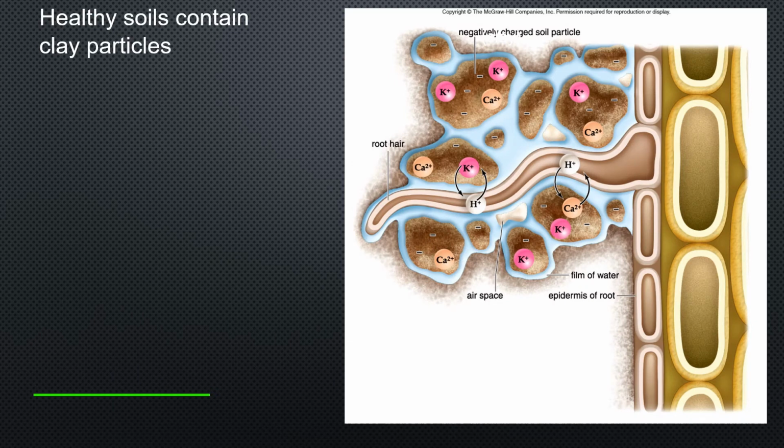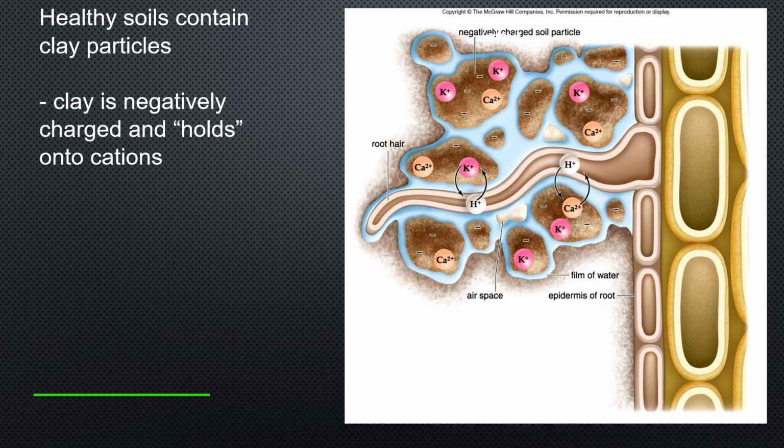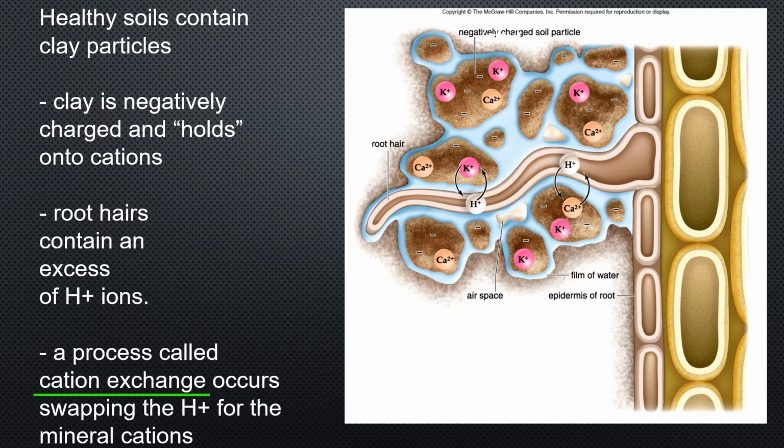So healthy soil also contains clay particles. So remember we talked about the different types of soil? Healthy soils do contain a bit of clay. So clay is actually negatively charged and holds on to cations. So the root hairs contain an excess of hydrogen ions, and therefore we can do a process called cation exchange.